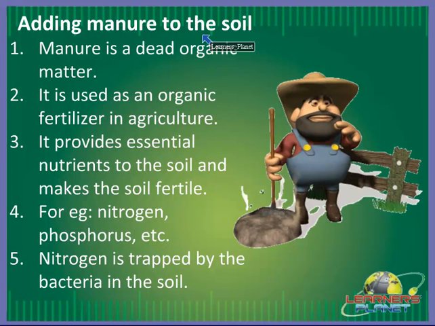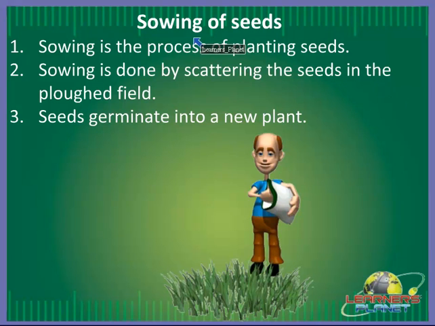Alright children, so adding manure to the soil is also a very important step of agriculture. The third step is sowing of seeds. So children, what is actually sowing? Sowing is the process of planting seeds, right? We plant seeds, and this process is known as sowing. And how do we do sowing?